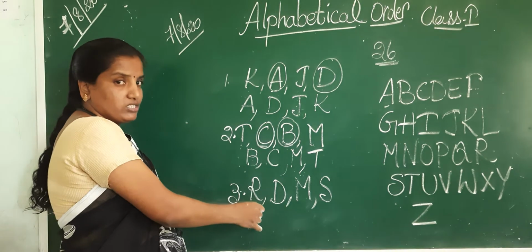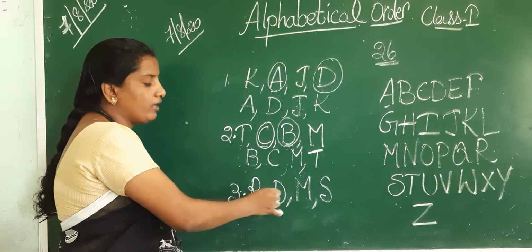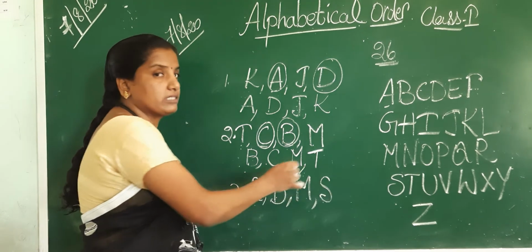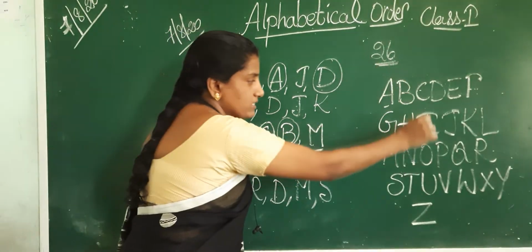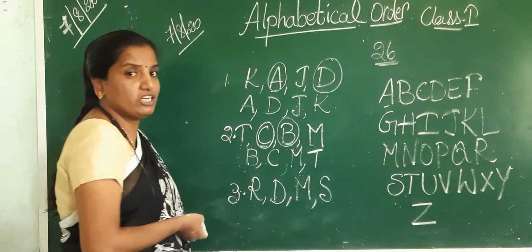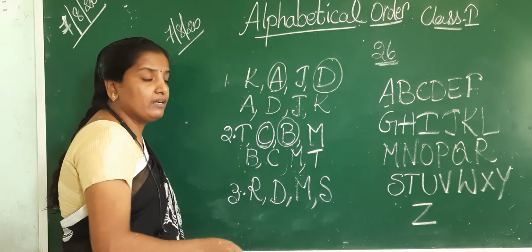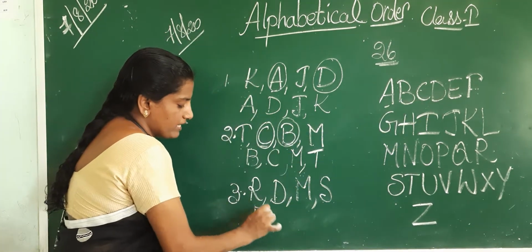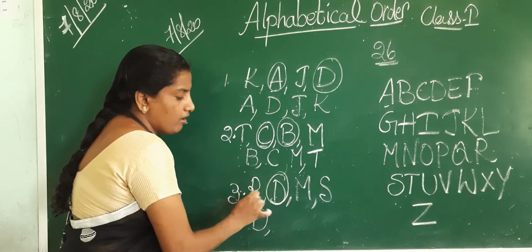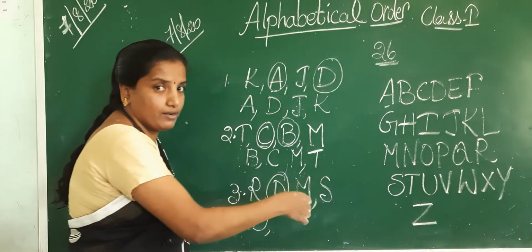Coming to the next order, R, D, M, S. Now if you observe these letters in the alphabets of the English language, which letter comes first, children? D. Next, R, M, S. Which letter? I am getting M here.